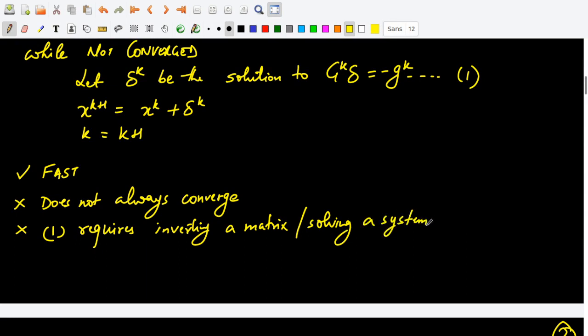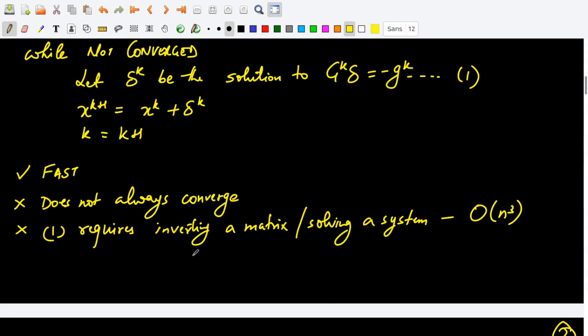Both are equivalent things, which is expensive, so order of n cube steps. So there are some methods where you can modify the search direction and do some line search, or modify this Gk slightly and try to find the next solution.